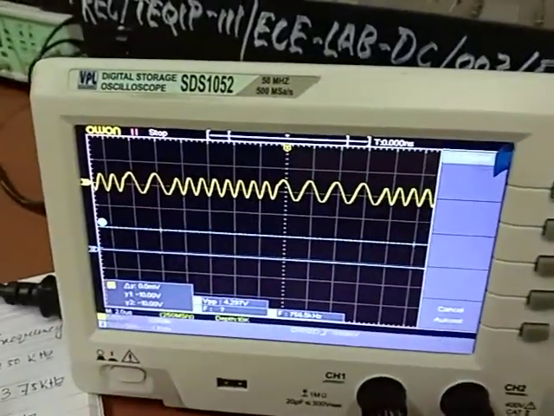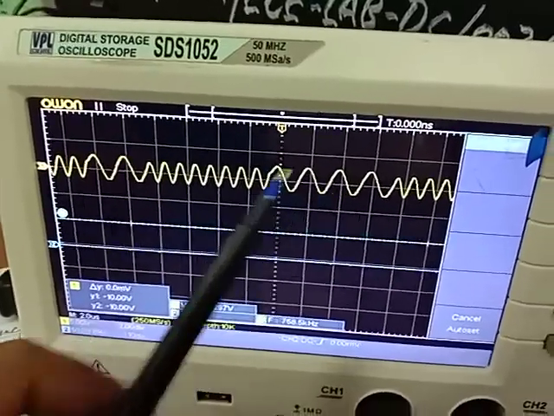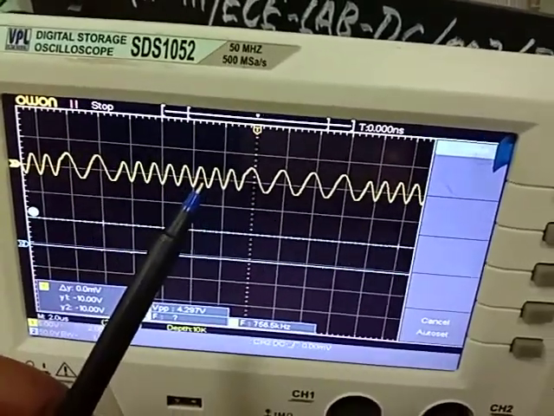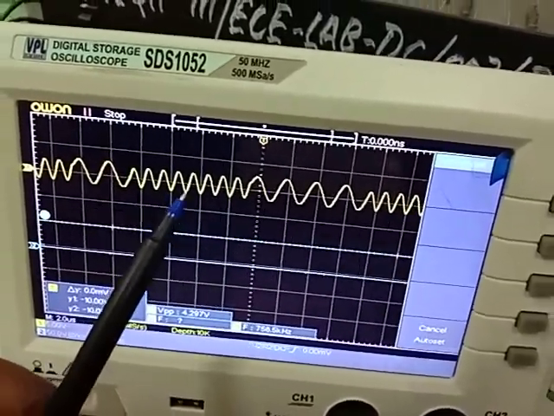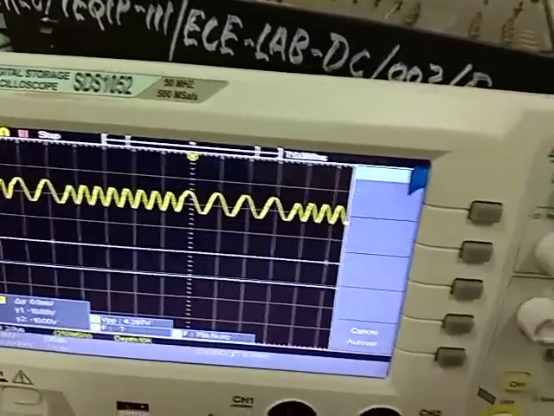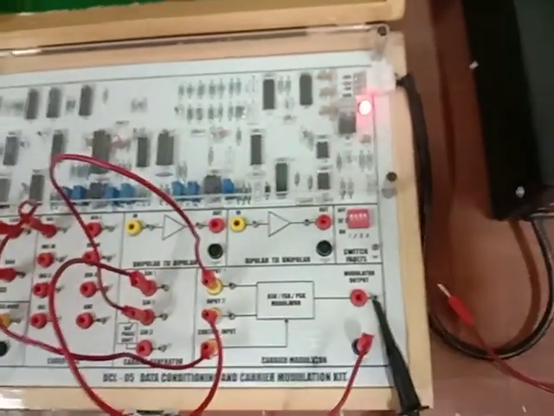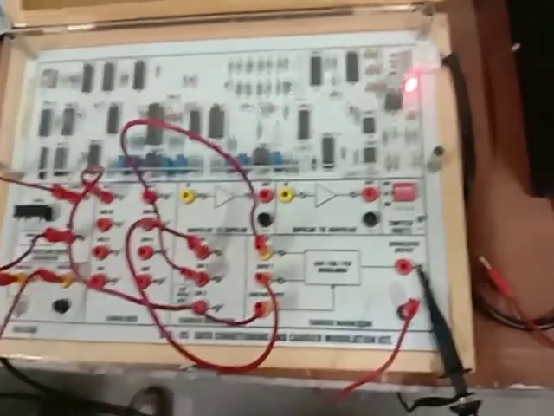We will see that this is the higher frequency and this is the lower frequency. For higher frequency, the signal is 1, and for the lower frequency, the signal is 0. We can see that with the help of the message signal also.